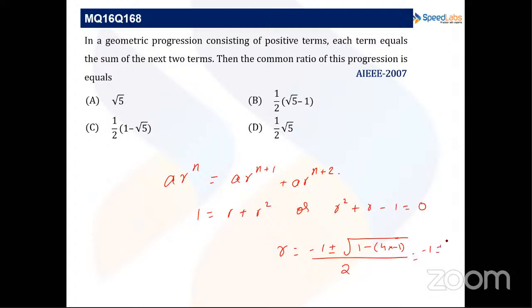So that will be root 5 by 2. But it is given that it consists of positive terms, so it cannot be minus 1 minus root 5. So r can be (minus 1 plus root 5) by 2. So our option is (root 5 minus 1) by 2, B. Clear?